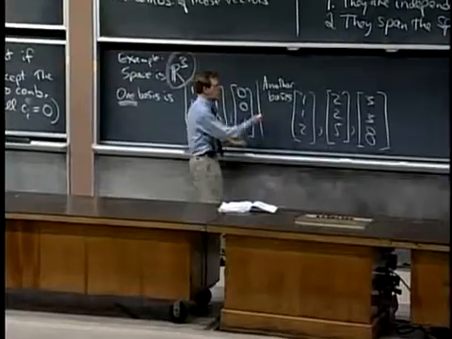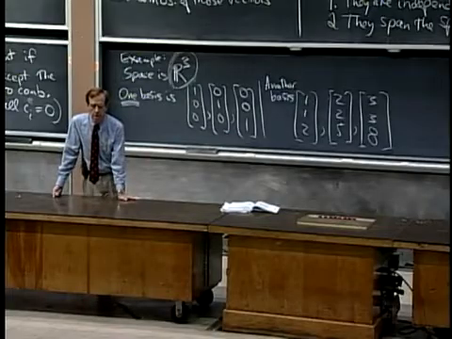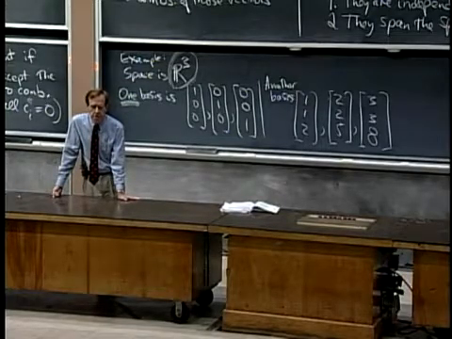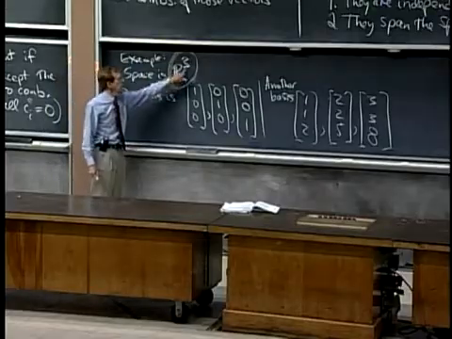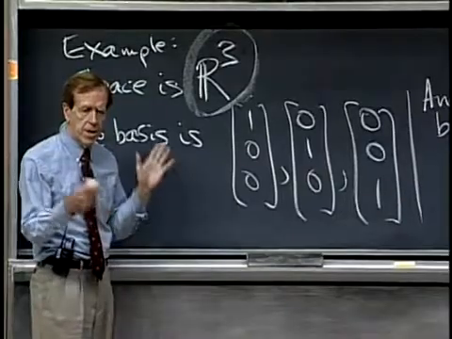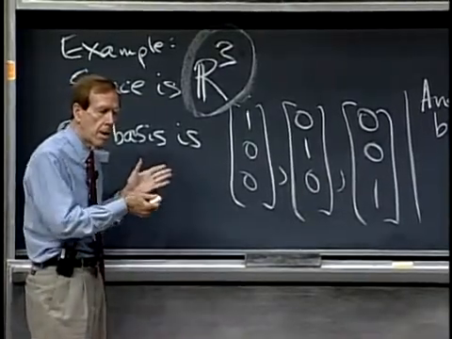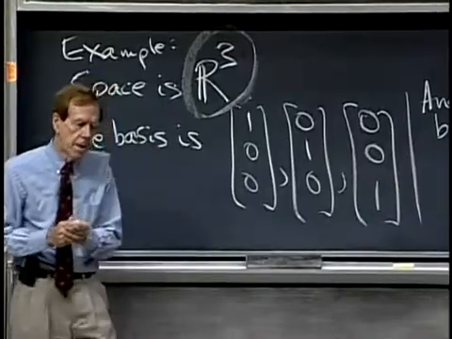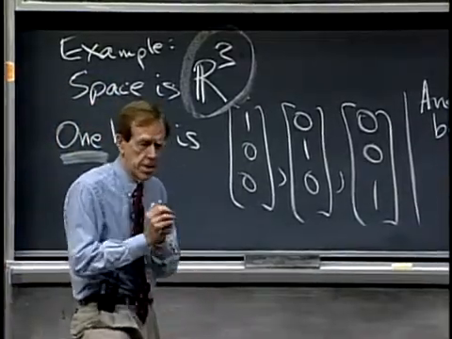So what's the test on the matrix, then? In this case, when my space is R3 and I have 3 vectors, my matrix is square. What am I asking about that matrix in order for those columns to be a basis?